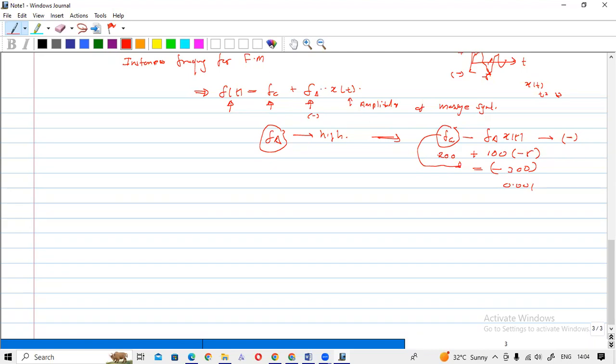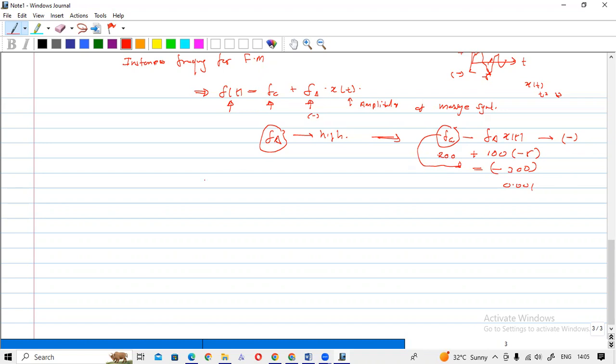So if we keep this frequency deviation as low as possible, then it will not be a problem, no?